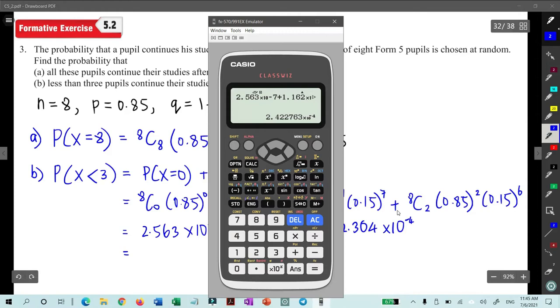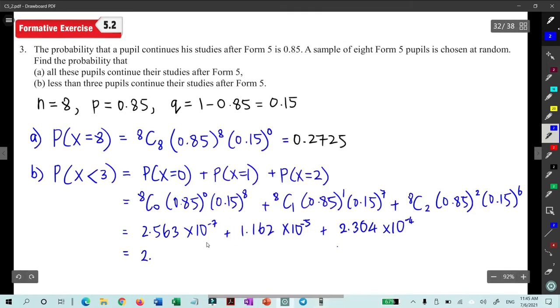Okay, and the final answer is 2.423 times 10 to the power of negative 3.